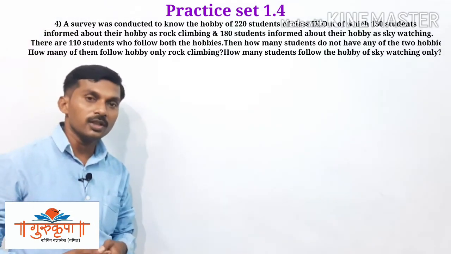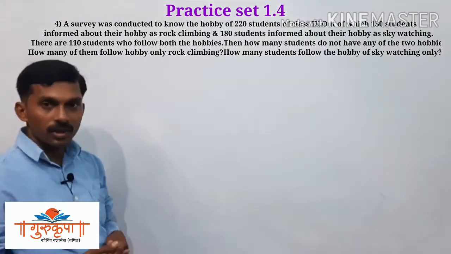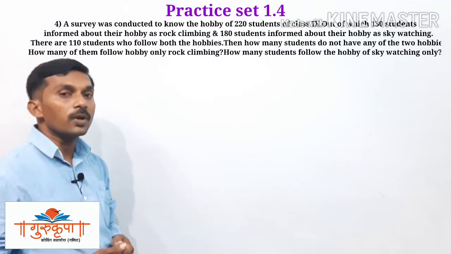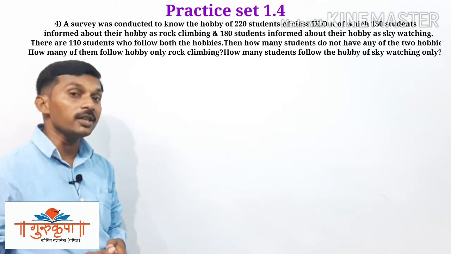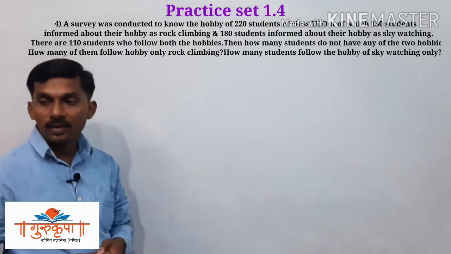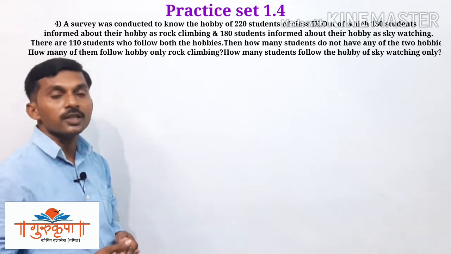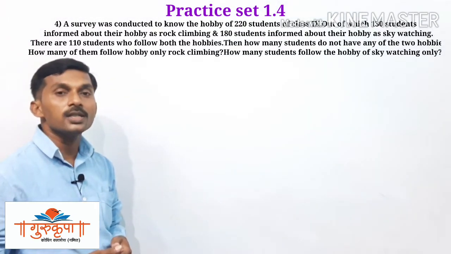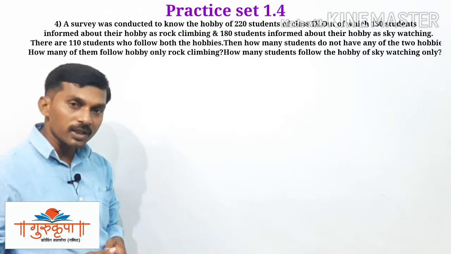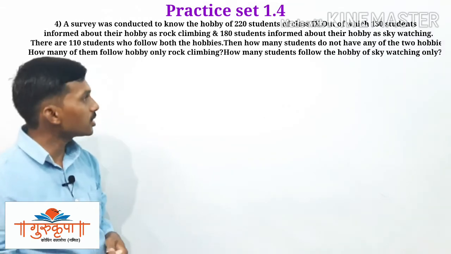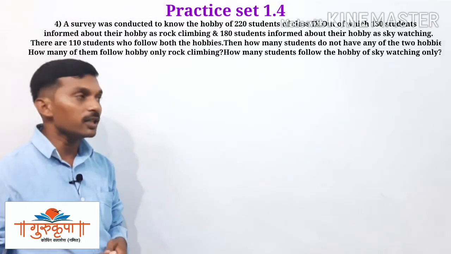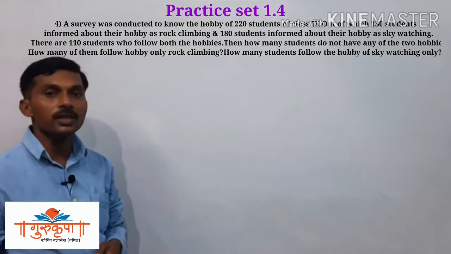The information is given about a survey. A survey is conducted to know the hobbies of 220 students in the 9th class. Out of 220, 130 students informed that their hobby is rock climbing, 180 students informed that their hobby was sky watching, and 110 students informed that they follow both the hobbies.